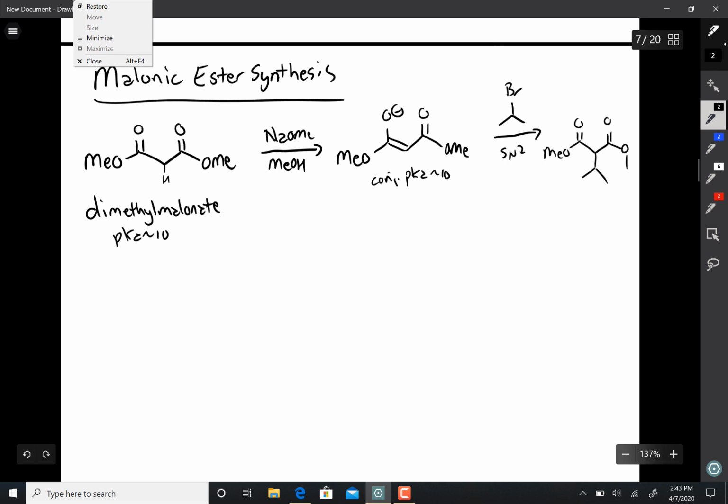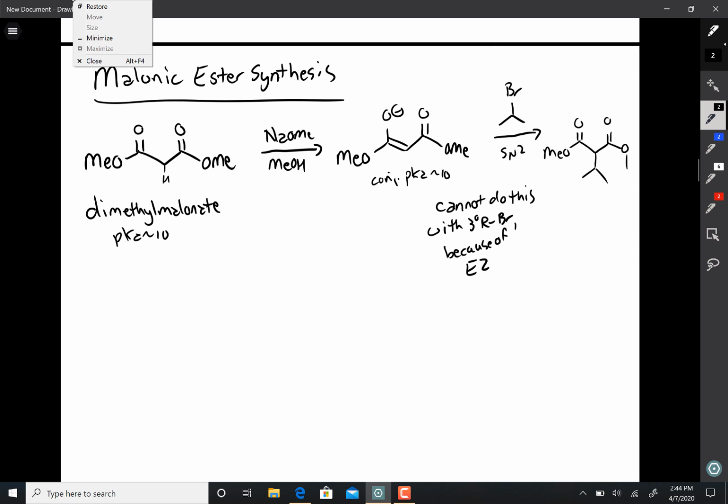You cannot do this with tertiary carbons or tertiary bromides, because the E2 reaction would outcompete and you get an alkene.